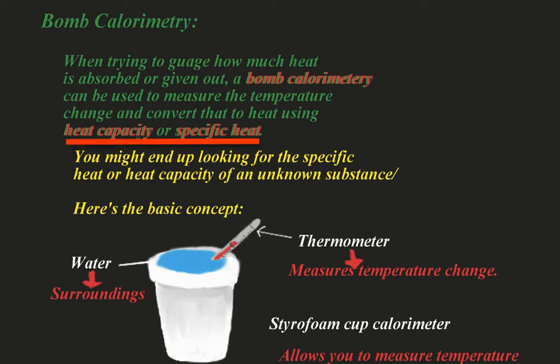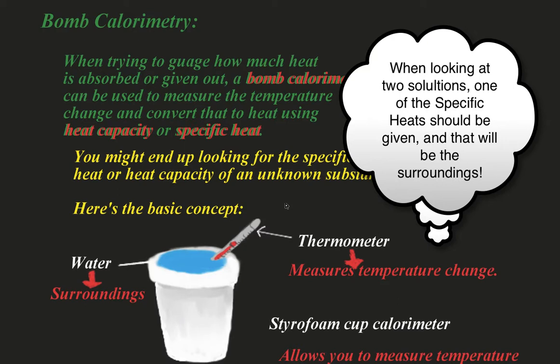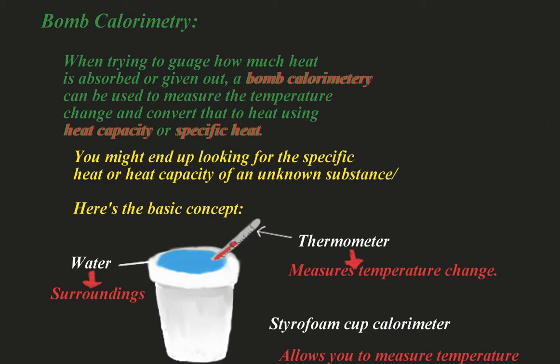And we can use the known specific heats or heat capacities of some sort of medium. In this case, the surroundings are going to be water. And you can dump in either a metal block or two liquids, and then you can figure out what the heat capacity is, or the final temperature should be, or initial temperature was, given pieces of a puzzle.